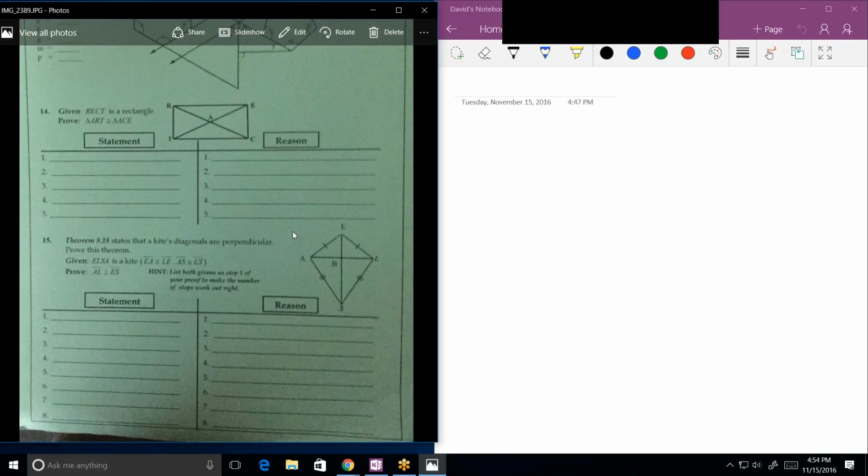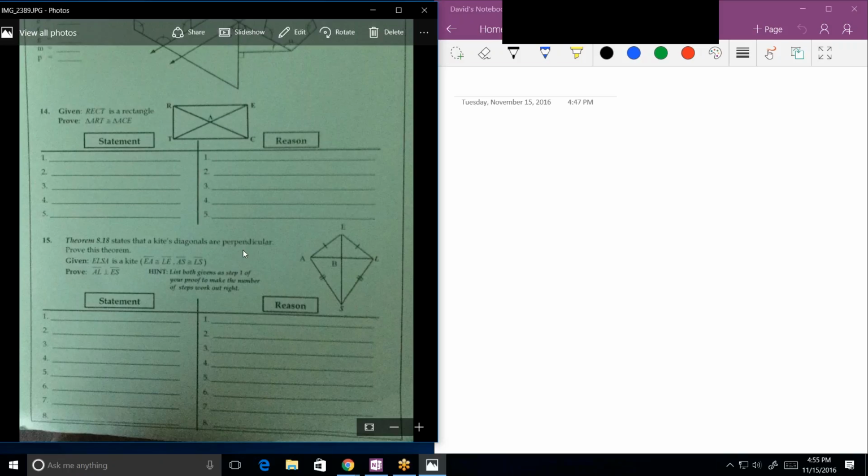In other words, I figured out that I'm going to prove these two are congruent based on side angle side. And now I go through and how do I prove that that side's equal to that side, and that angle's equal to that angle. So knowing how you're going to do it helps a lot when it comes time to prove it.